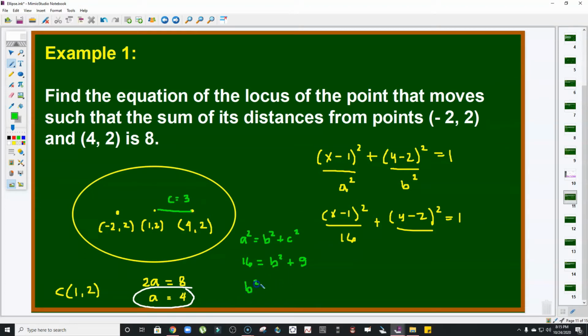From there, b squared is equal to 16 minus 9, which is 7. Therefore, the equation of the ellipse in number 1 is (x minus 1) squared over 16 plus (y minus 2) squared over 7 equals 1. This is the equation of the locus that we are looking for.